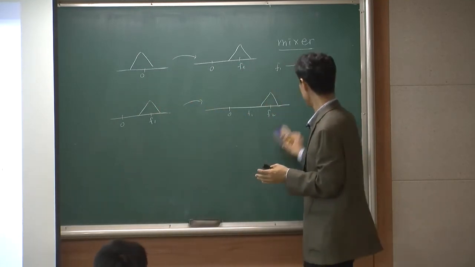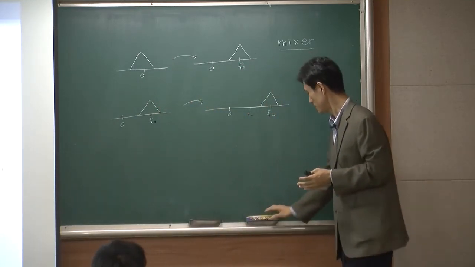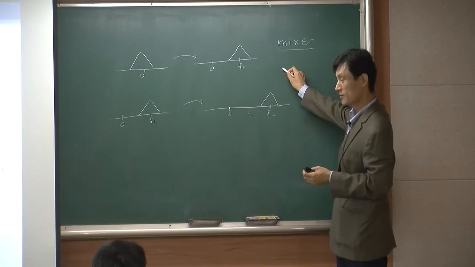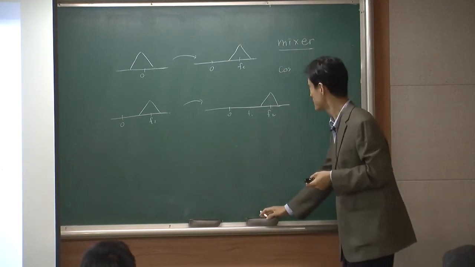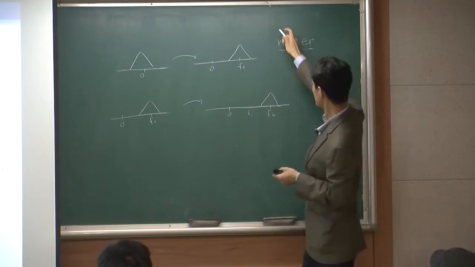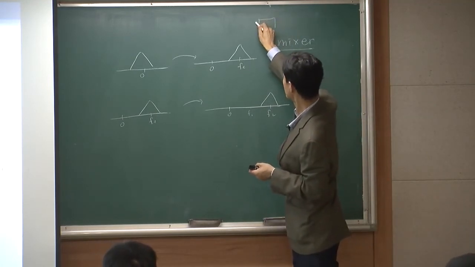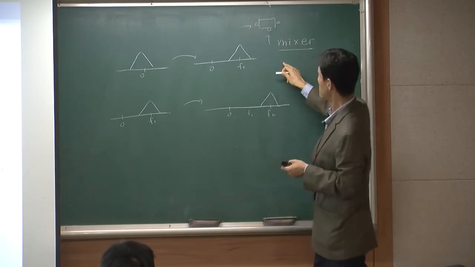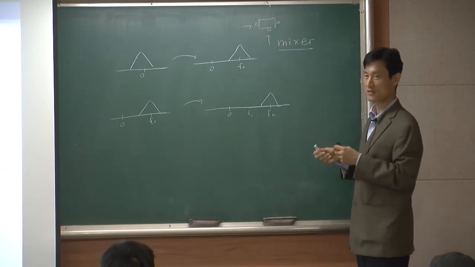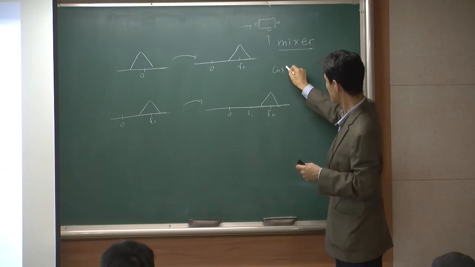Generally, when you mix two different, okay, think about very simple. What I'm talking about here is, as I said, mixer is simply hardware, like this. But when I write this in mathematics it is very simple.